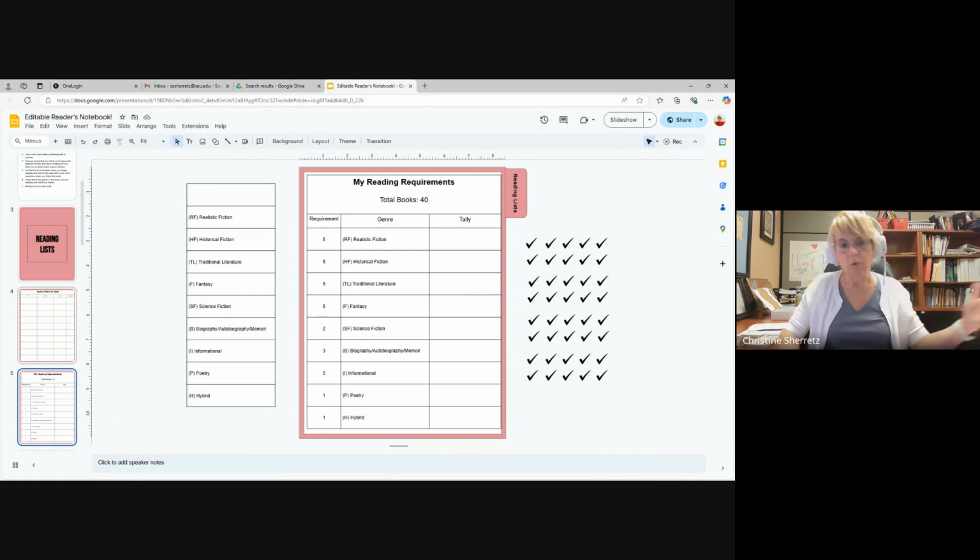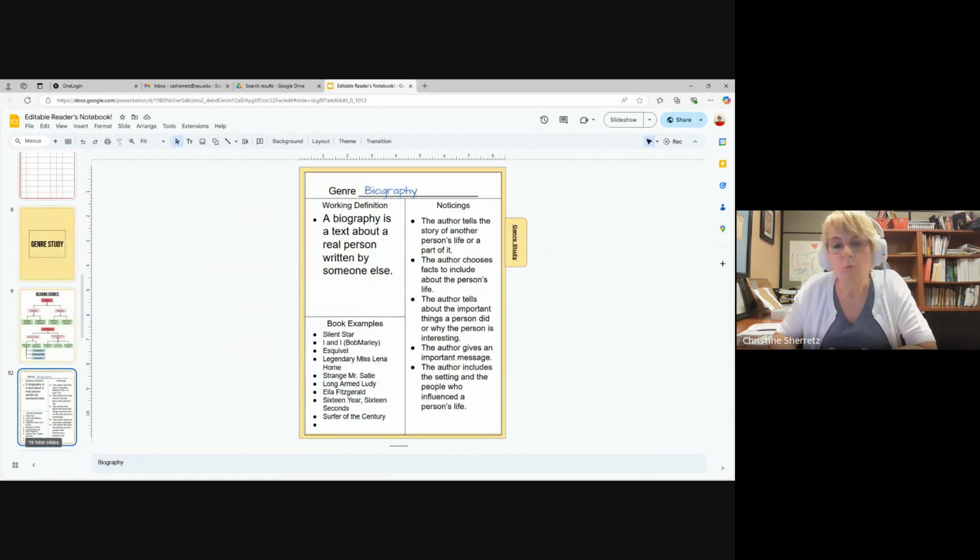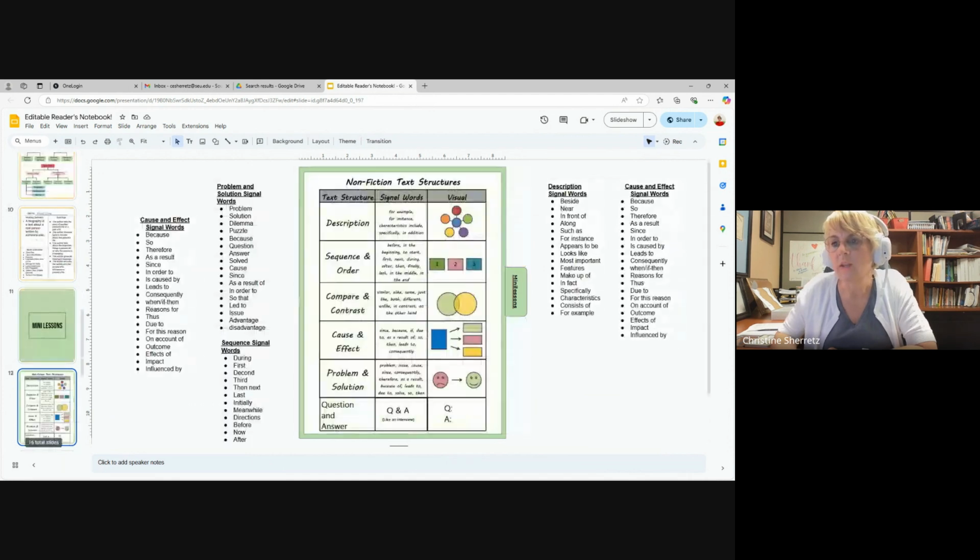You're going to learn more about this when you do The Book Whisperer, because she talks about some of these things. Every week the students would write one letter to me as a teacher to explain what they learned. And then the teacher would write the students back.